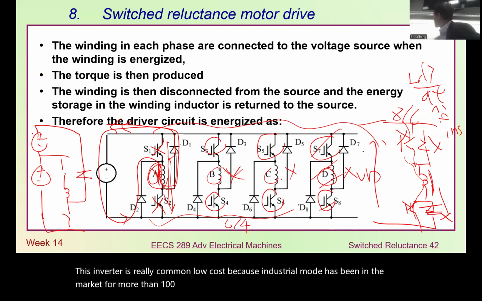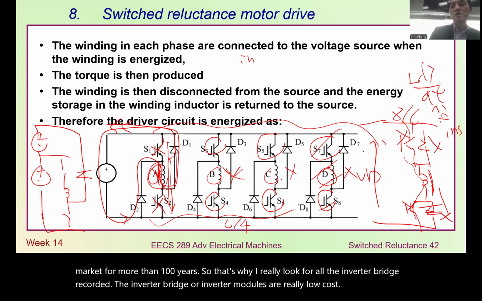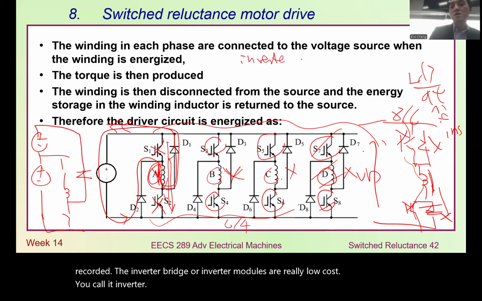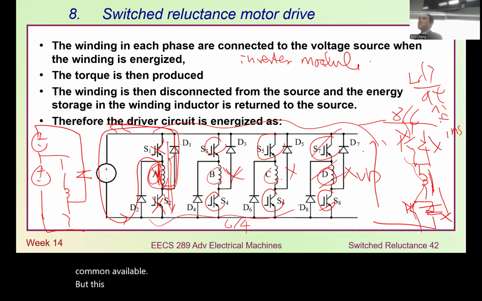All the inverter bridges, or inverter modules, are really low cost. You can go to any shop to buy them, really common and available. But this one is not available.